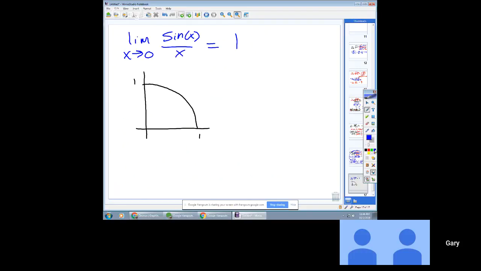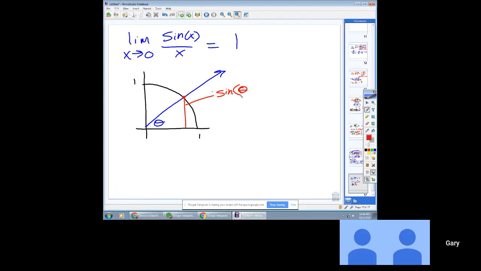And then I'm just going to pick some arbitrary angle there. Let's say that angle is theta. If I drop a line straight down from that point over to here, that red line right there is the sine of x, or sine of theta, sorry.